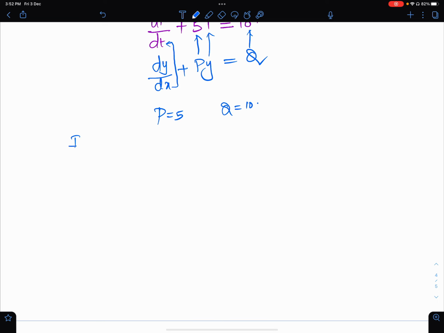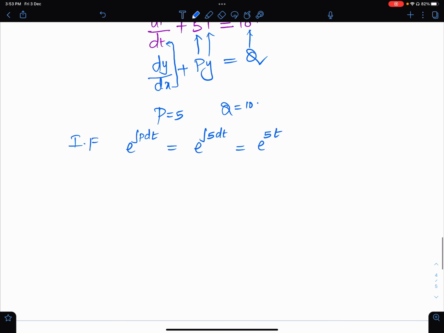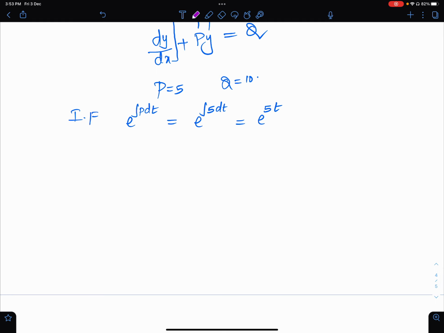You have to find the integrating factor, that is e power integral p dt. Usually it is dx, but in the place of x we have t. So p is 5, so e power integral 5 dt, that is e power 5t. Usually we write the solution as y e power integral p dx equal to integral of q e power integral p dx dx, plus c.